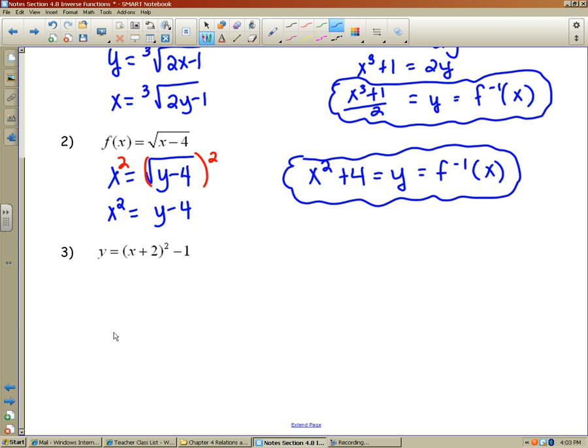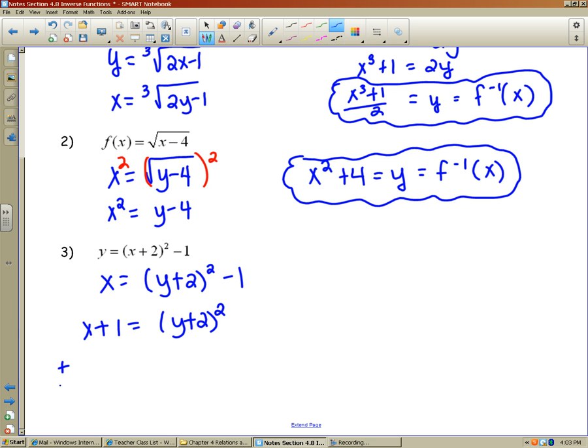Okay, next one. Again, pause, try it on your own, and then watch my explanation. Switch your x and the y. We're solving for y, so the first thing we're going to do is move the 1 to the other side, so x plus 1 equals y plus 2 quantity squared.